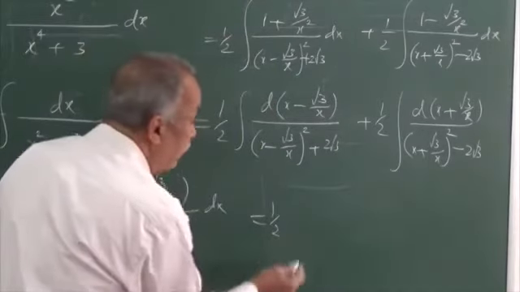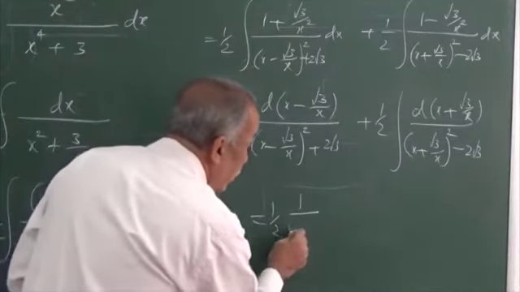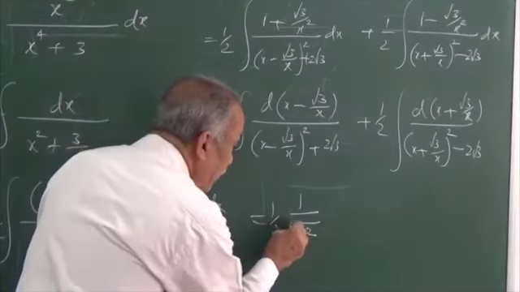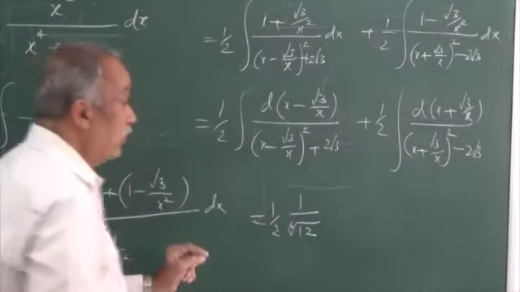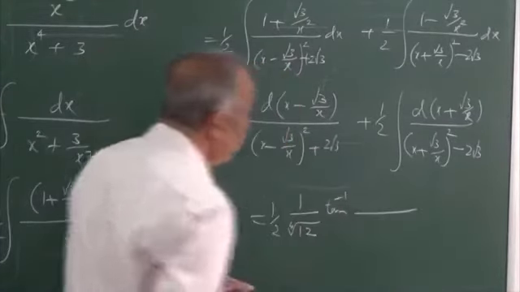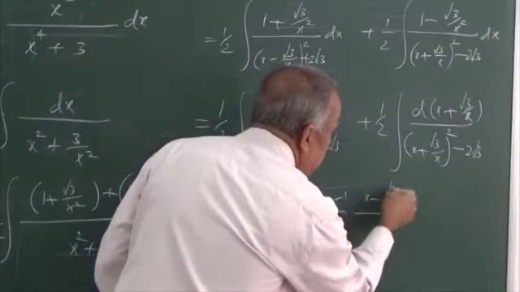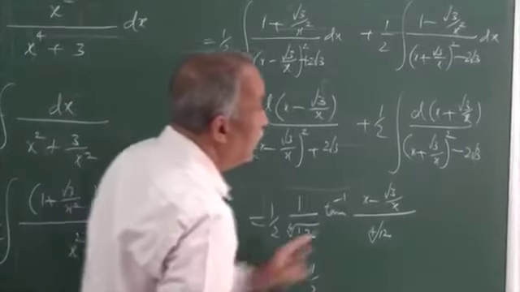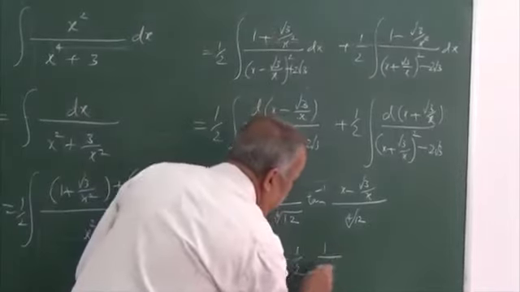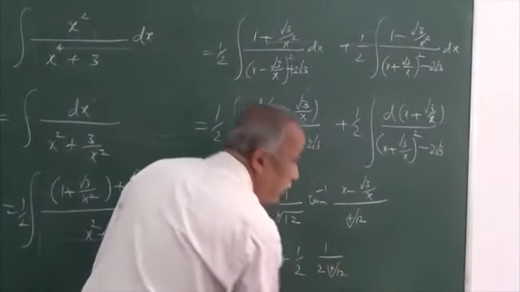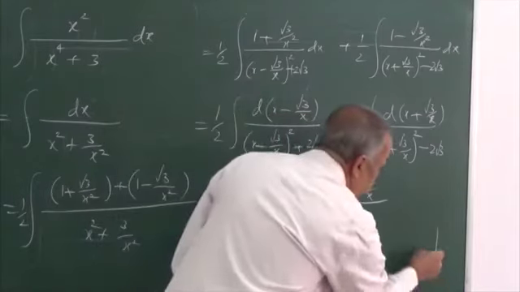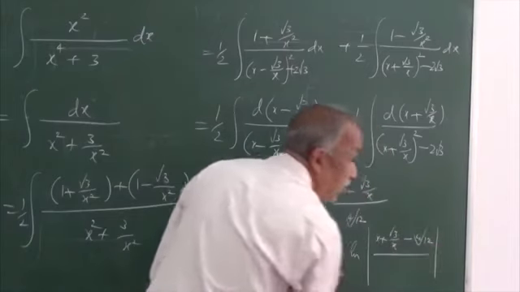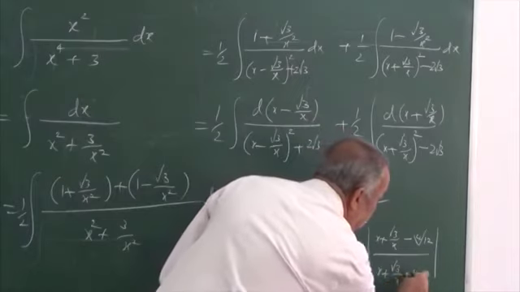My integral is half of 1 by a, where a square is root 12, so a is the 4th root of 12, tan inverse y by a, where y is x minus root 3 by x, divided by a, the 4th root of 12, plus half of, this is dt by t square minus a square, 1 by 2a, 1 by 2 into the 4th root of 12, log of mod of t minus a by t plus a, that is x plus root 3 by x minus the 4th root of 12 by x plus root 3 by x plus the 4th root of 12.